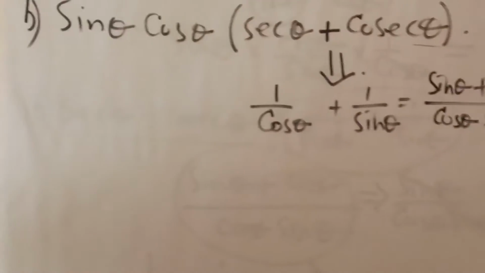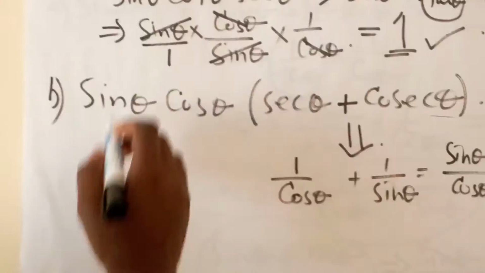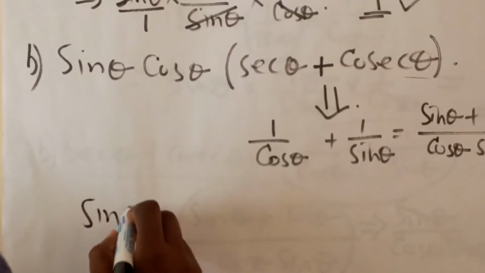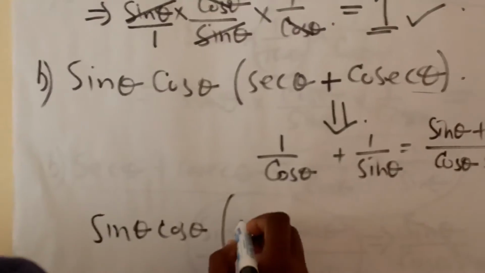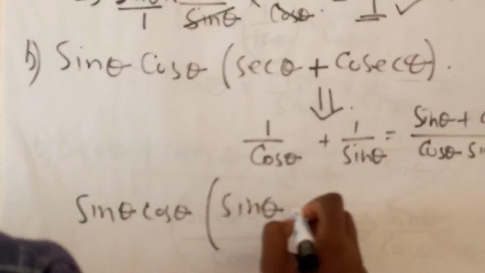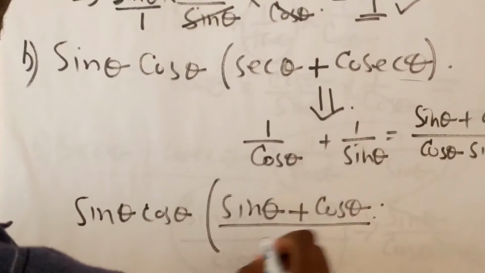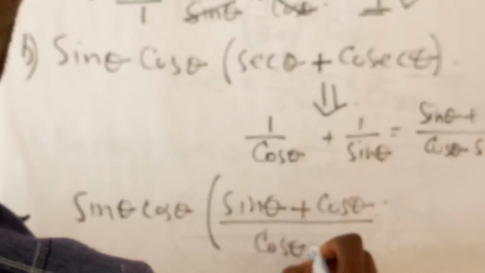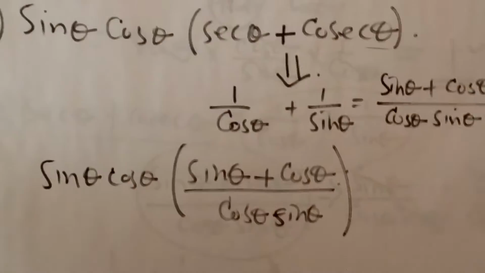Having written it that way, we must remember that it was being multiplied by the first part of the expression. So sine theta, cosine theta multiplied by sine theta plus the cosine of theta all over the cosine of theta sine theta, closing the bracket.